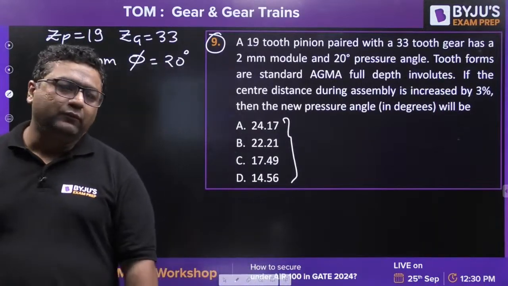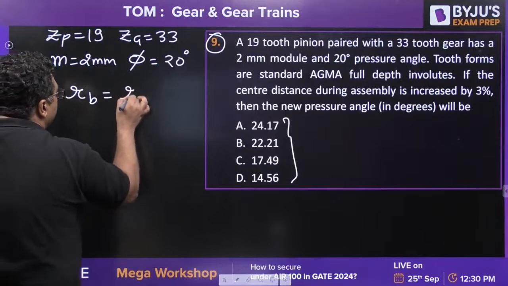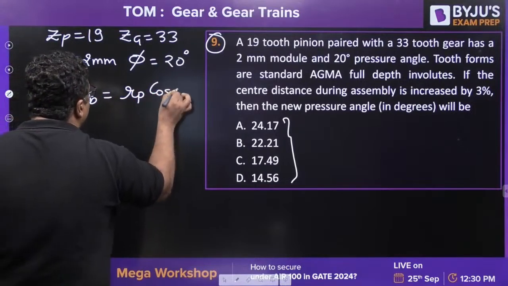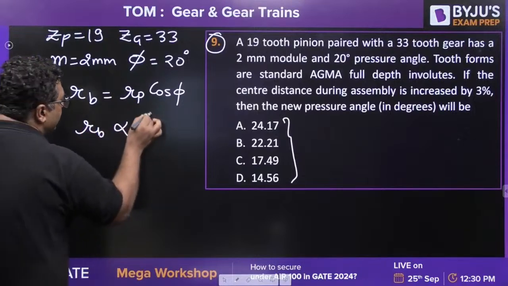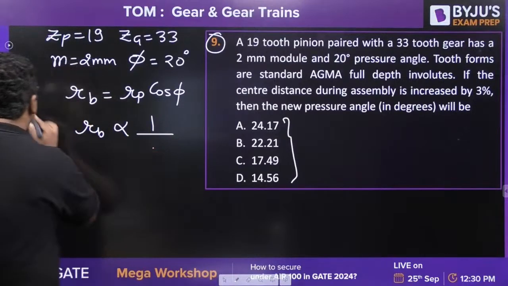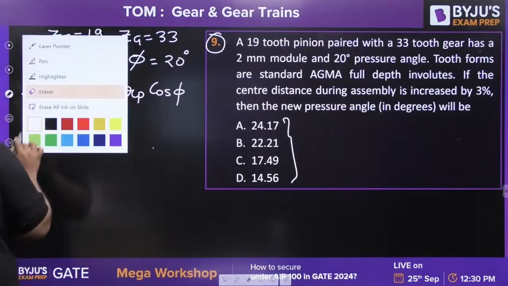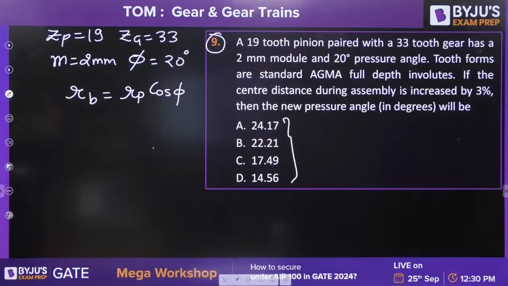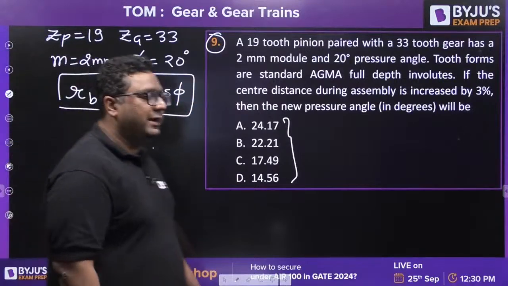We know that the base circle radius is the pitch circle radius into cos phi. So it simply means that RB is inversely proportional to something. Now solve this. I have given you the idea, I have given you the hint. Now solve it by yourself.